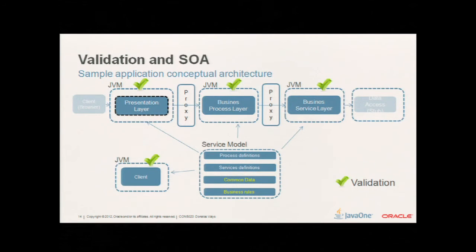And this diagram shows validation in SOA used in this sample application. So these are the places where we have a need to enforce some business constraints. We have a business service layer, which is kind of smart, and can access backend systems. We have a business process layer, where there might be a need to enforce process-specific business constraints.